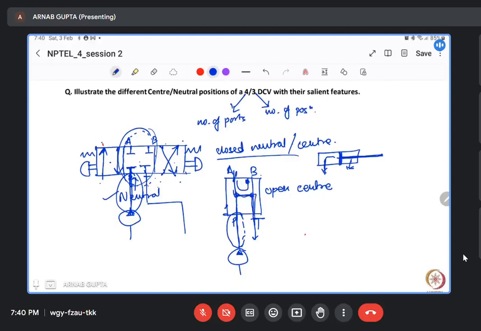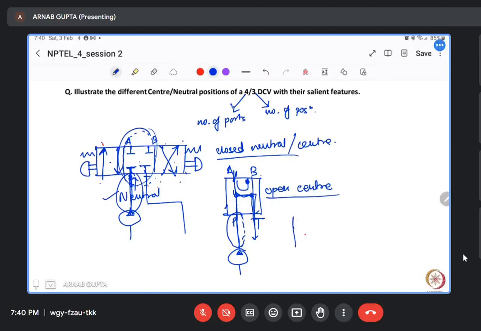And that can flow into the tank. So this open center is not applicable for higher load applications where the cylinder can automatically get retracted by the action of the dead load.